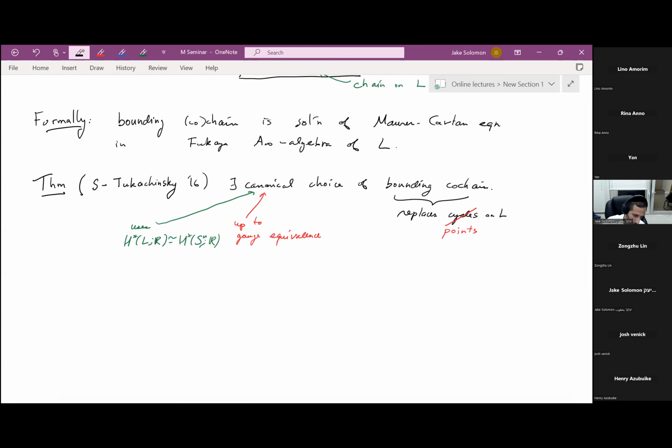So problem 2 is the collapse of the boundary.